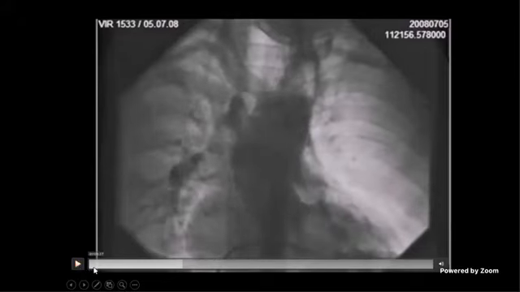In this, it is a coarsely trabeculated ventricular chamber, which is probably the right ventricle, and there's a connection between this chamber and the other chamber.